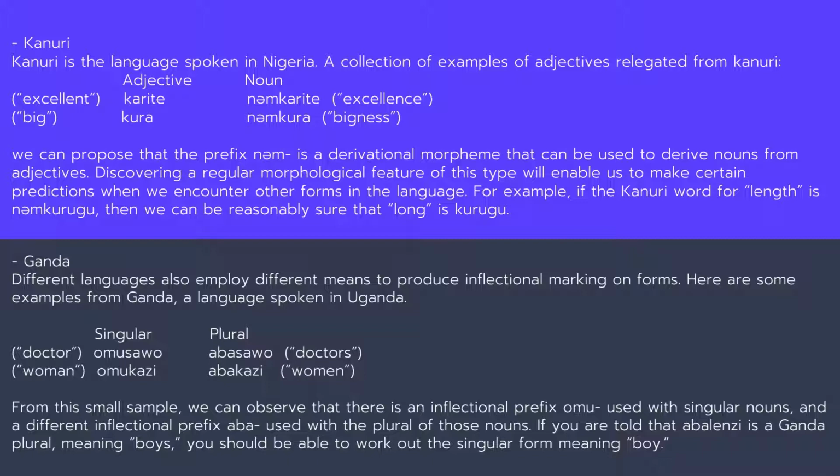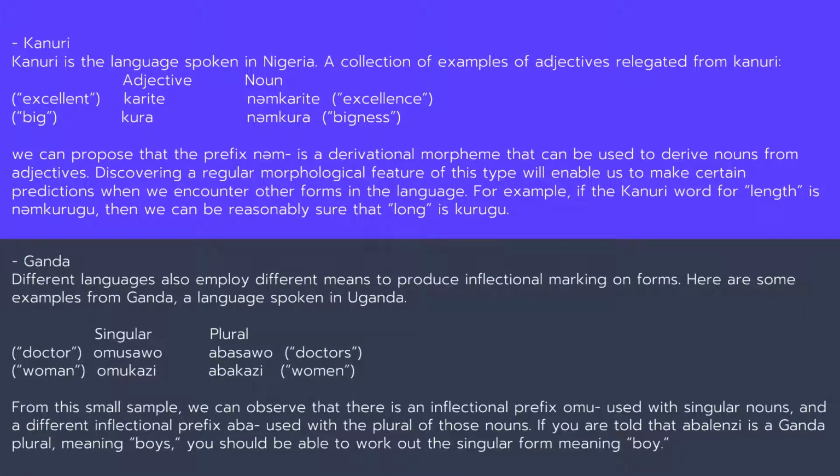Discovering a regular morphological feature of this type will enable us to make certain predictions when we encounter other forms in the language. For example, if the Kanuri word for length is namkurugu, then we can be reasonably sure that long is kurugu.